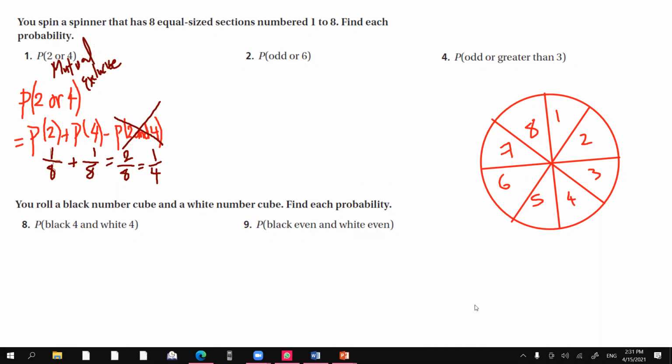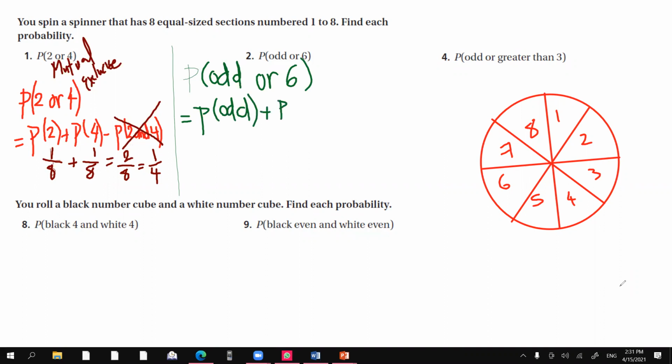Now, odd or 6. So here now, what is the probability of getting odd? It should be mutually exclusive. So it is the probability of odd plus the probability of 6 minus the probability of odd and 6. Now, what is the probability of odd? How many odd numbers do we have? 4/8.